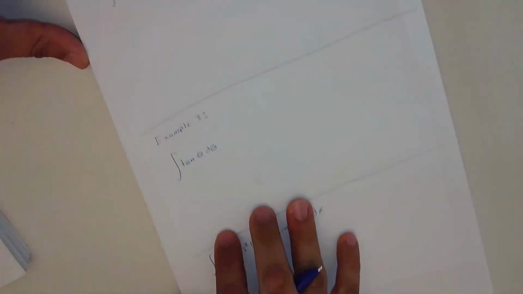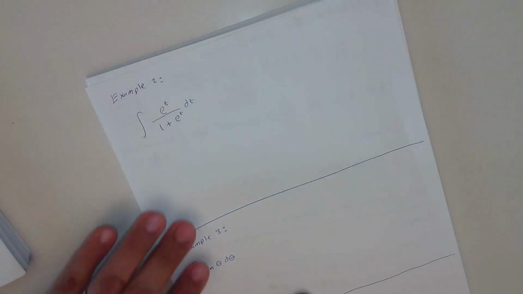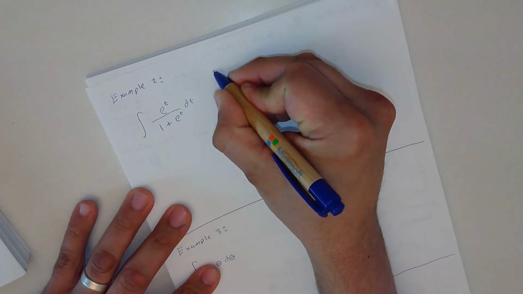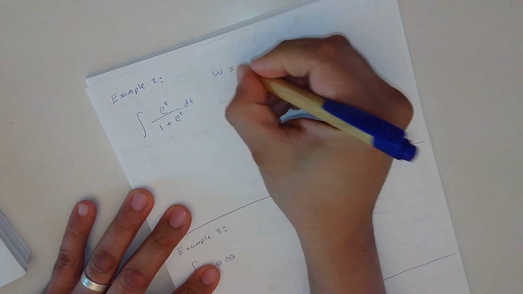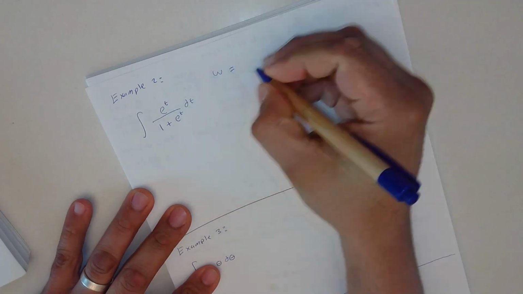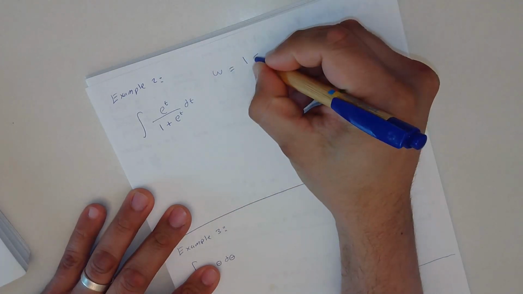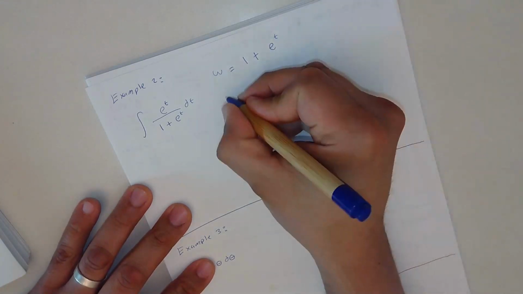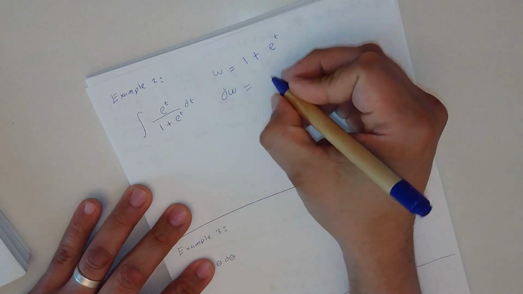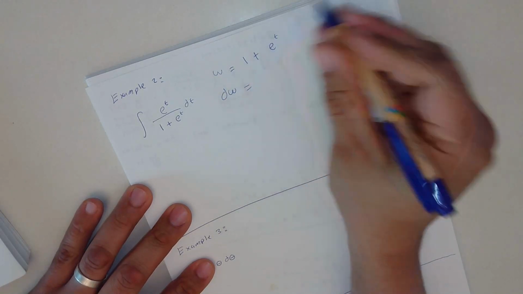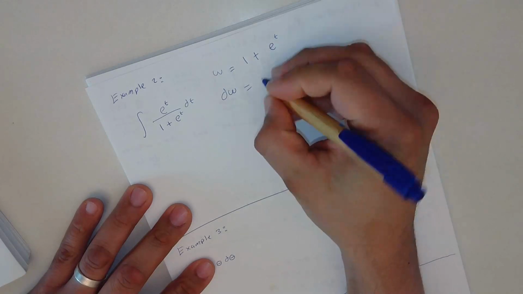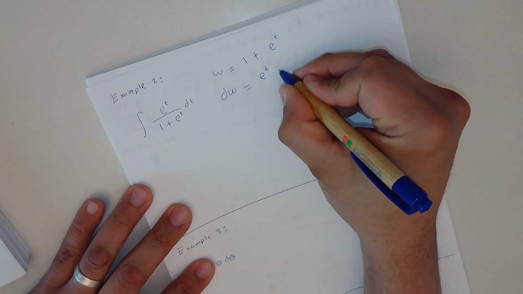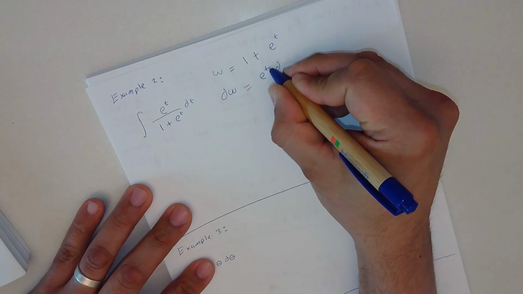Let's do another example here. What will be my w here? I will say it is this part that we have, 1 plus e to the t. The derivative of this one will be, this is a constant, it will go away, this will remain exactly the same, multiplied by the derivative of the inside function, which is t.